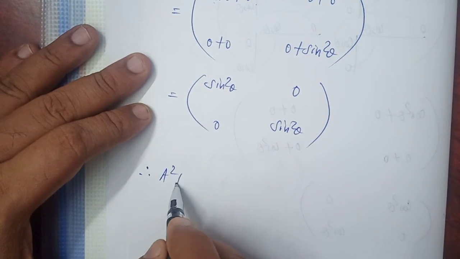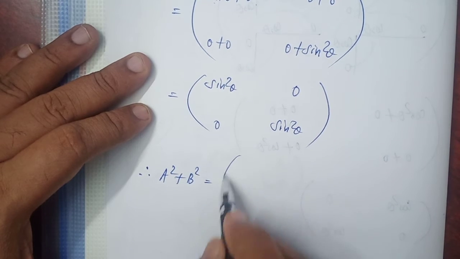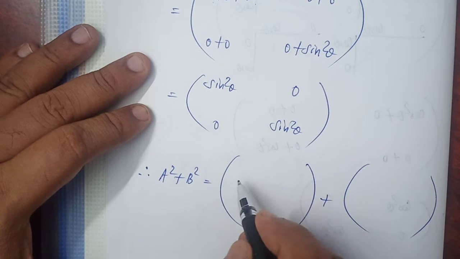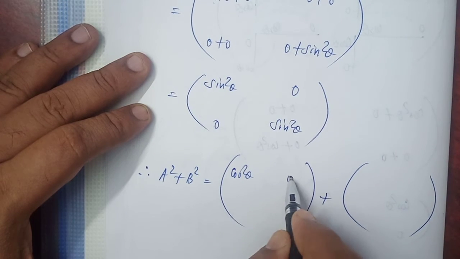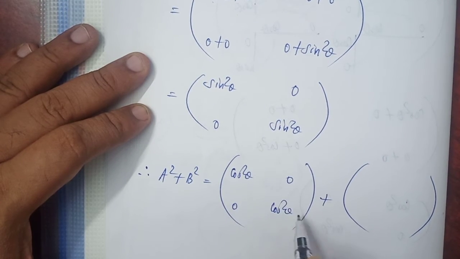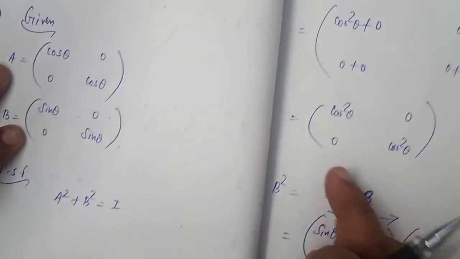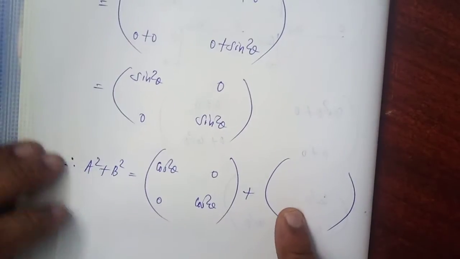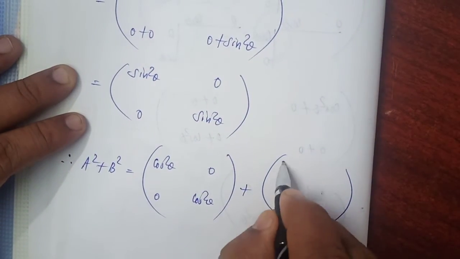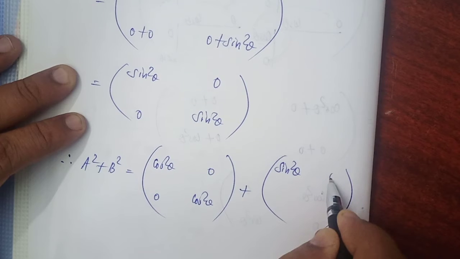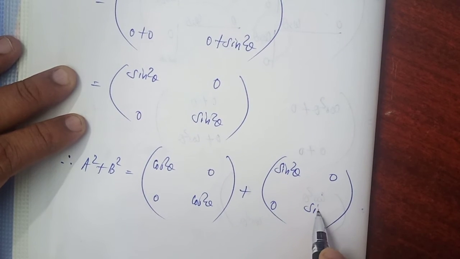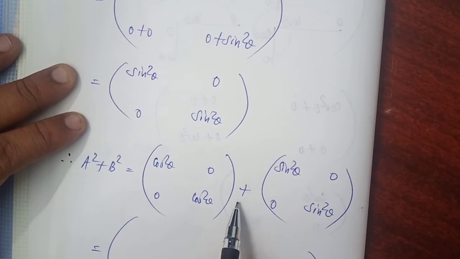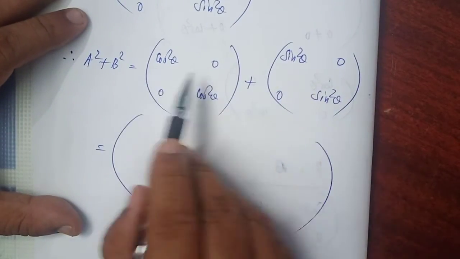Therefore, you have to calculate A square plus B square. A square we have already proved, this is cos squared theta, 0, 0 cos squared theta. Now B square, here it is: sin squared theta, 0, 0 sin squared theta. Now addition: corresponding elements are to be added.